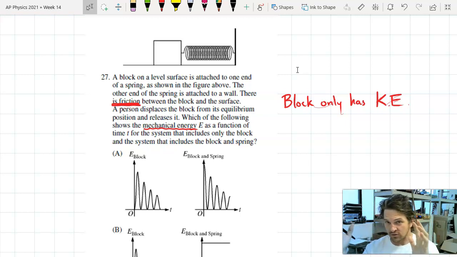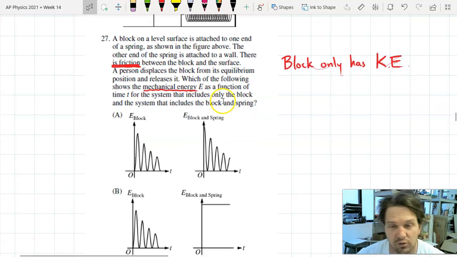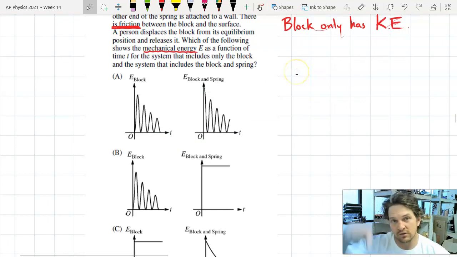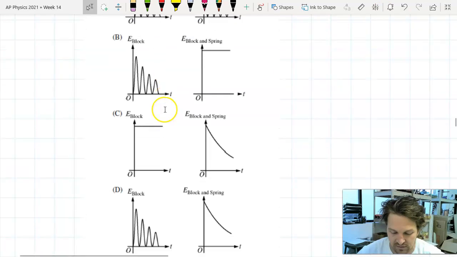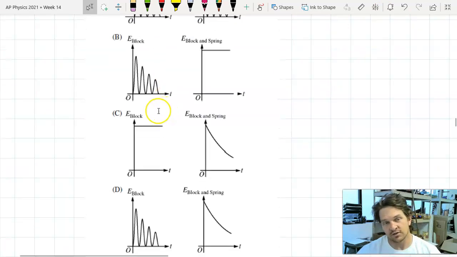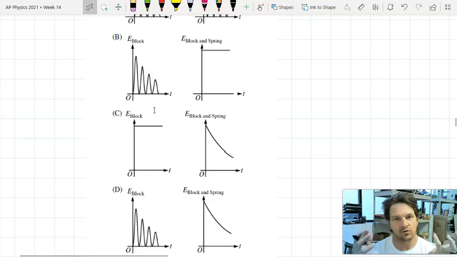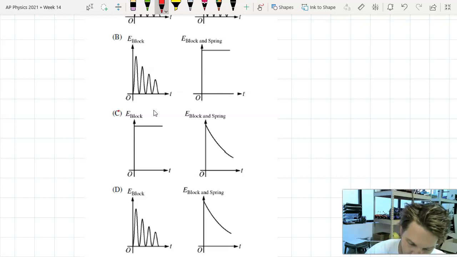Then when it starts coming back, it speeds up, and then it's just this constant battle of speeding up, slowing down, speeding up, slowing down, right? So the block's kinetic energy is going to go up and down. Knowing that, the kinetic energy doesn't stay the same the whole time, because kinetic energy has to do with speed, and it's not staying the same speed the whole time. So C is out.